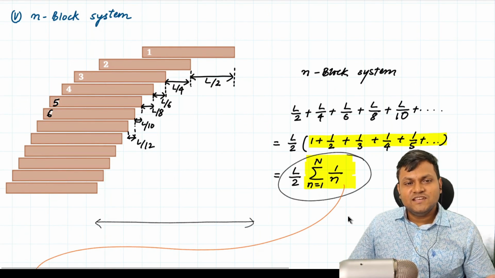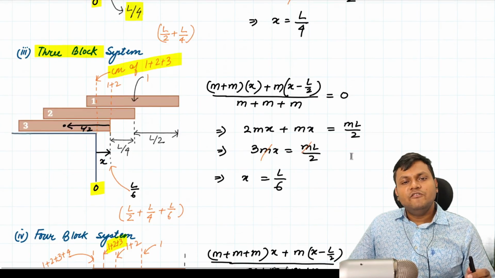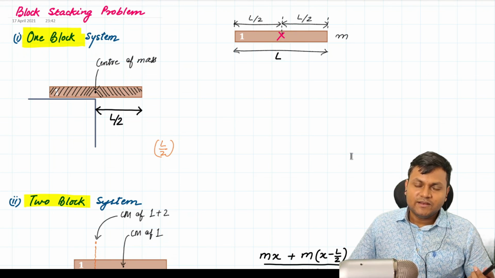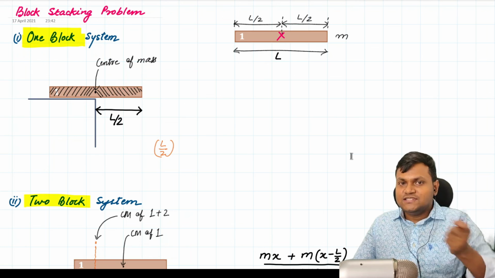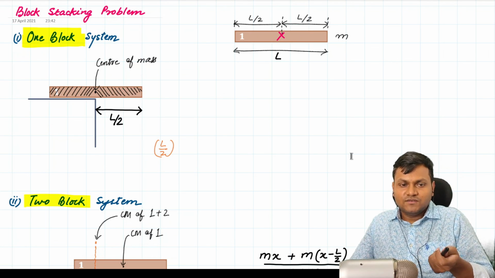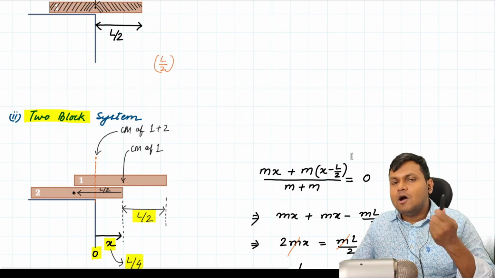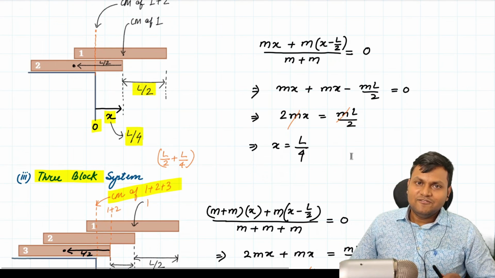So this is the interesting block stacking problem. It is based on the very simple principle that you want to balance a system in such a manner by placing the center of mass on the edge or inside the edge. If you place the center of mass of the topmost block inside or on the edge, then the allowed length is L by 2. And for the second block, the allowed length is L by 4.